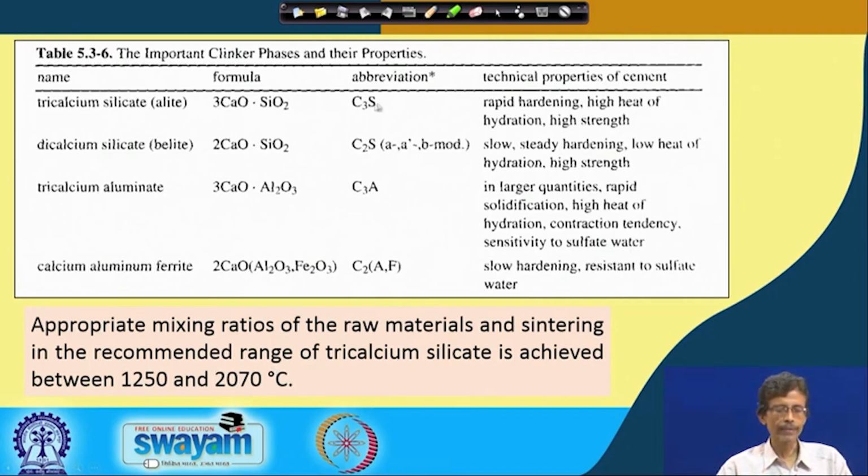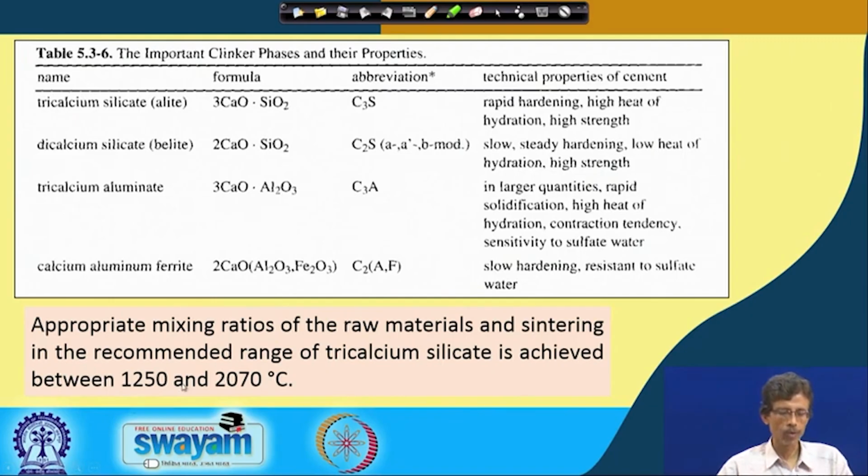So if you take the tricalcium silicate, the corresponding heating and then sintering, everything is lost, the gaseous material, the moisture. If we heat the material from 1250 to 2070 degrees centigrade, above 2000 degrees centigrade, you get the corresponding cement material.